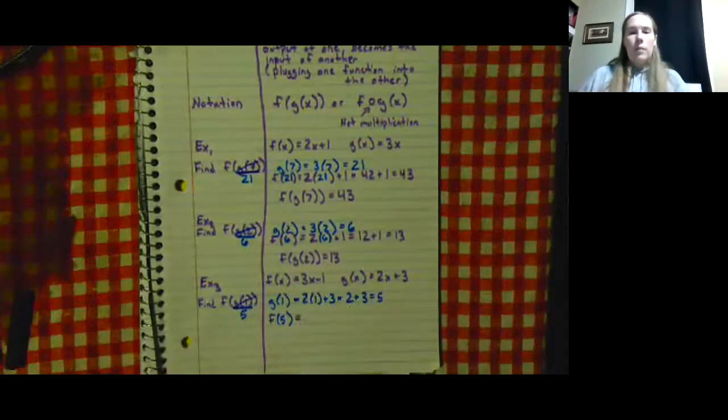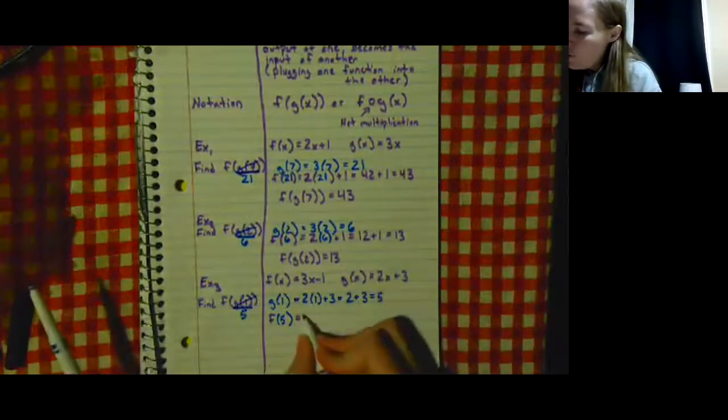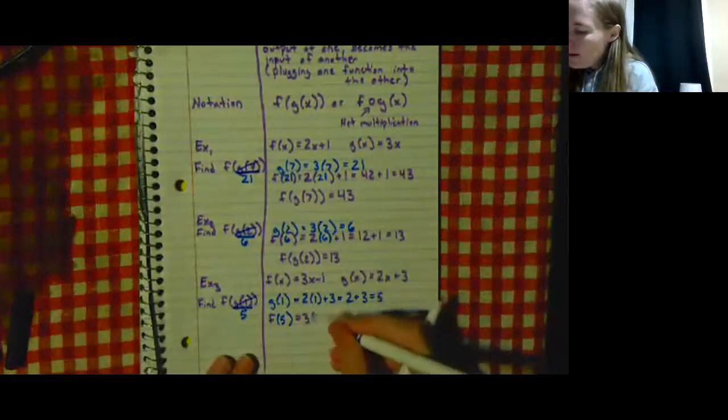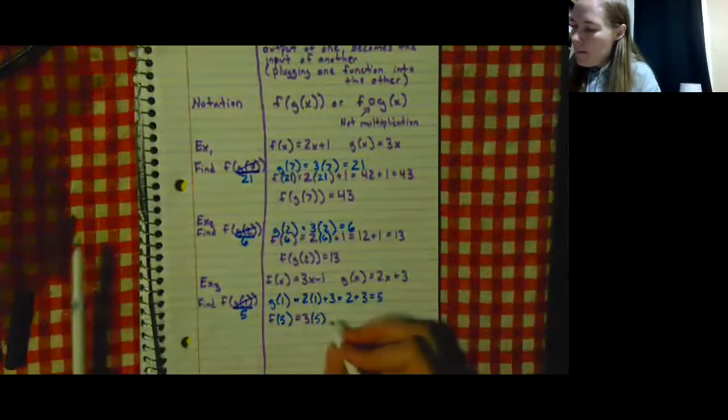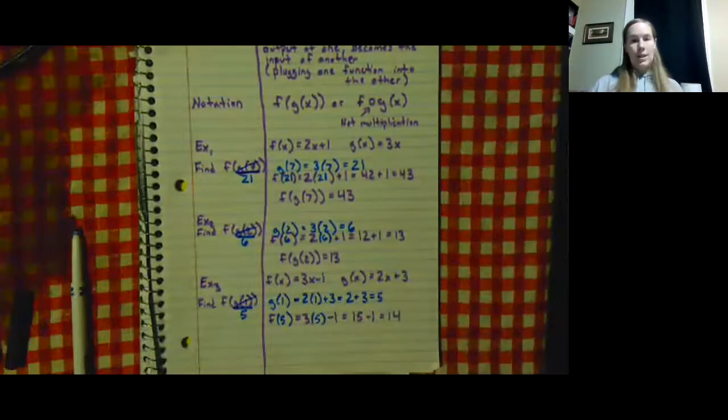And we do what we've been doing. We want to plug it in. So I plug it into my f of x, which would be 3 times 5 minus 1, which is 15 minus 1, which is 14. So 14 is my final answer here.